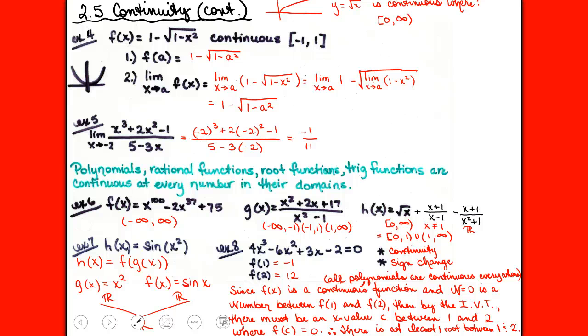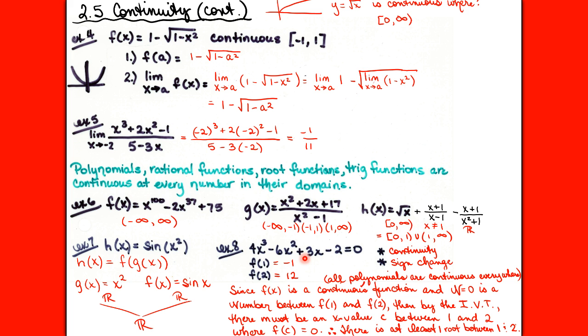So here's how the intermediate value theorem can help me. Because I've got a sign change, I'm going to start off with the first part, continuity, right? I'm going to say since f of x is a continuous function and n equals 0 is a number between f of 1 and f of 2. How do I know that? Well, because like we just said, there was a sign change here. In order to go from a negative value to a positive value, you have to go through 0. Or in order to go from a positive value to a negative value, you have to go through 0.